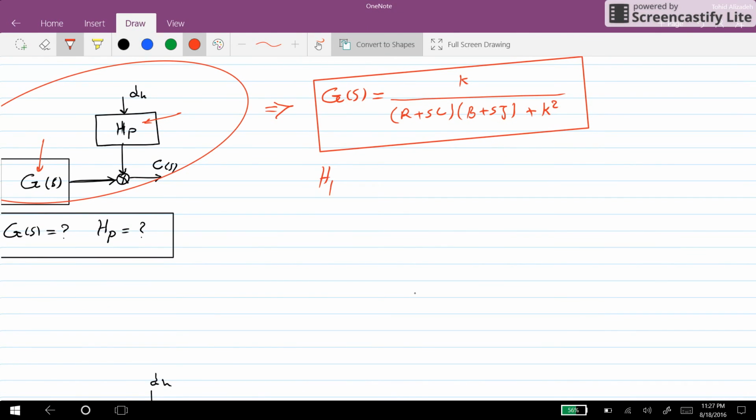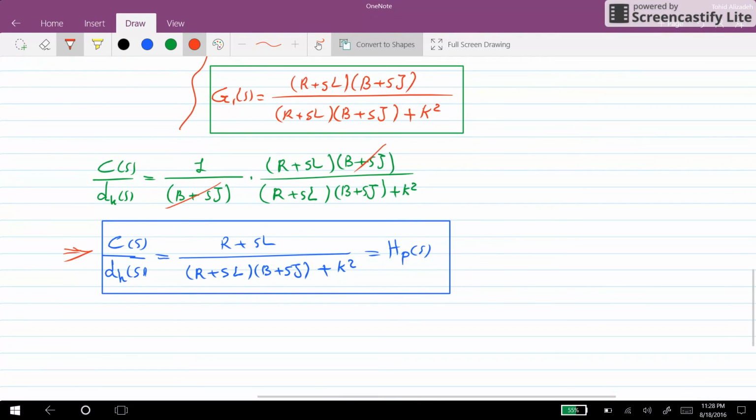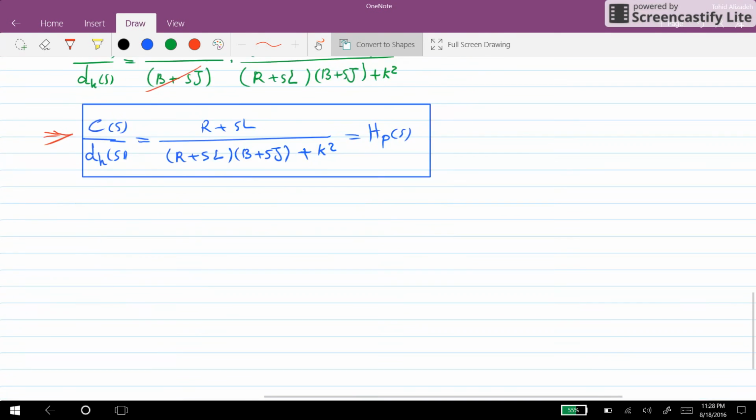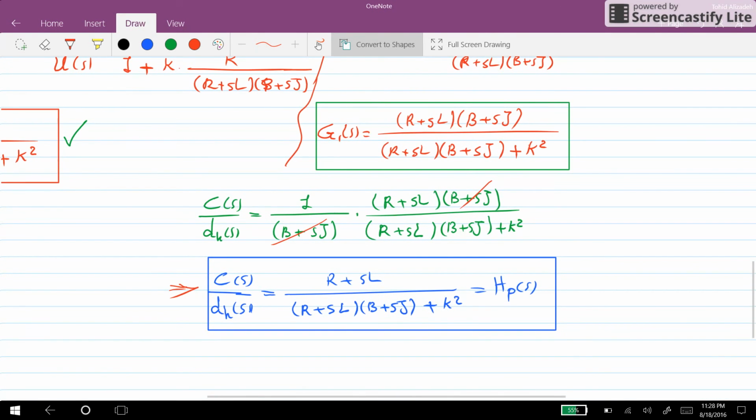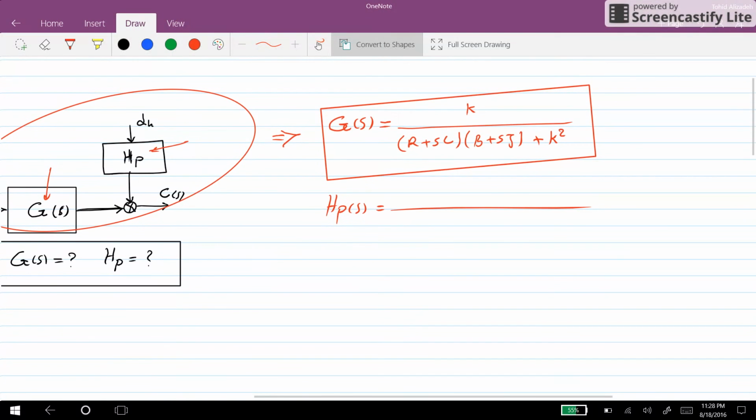And HP of S is given by this transfer function here. So it's R plus SL over the same denominator. So it's R plus SL over R plus SL times B plus Sj plus K squared.